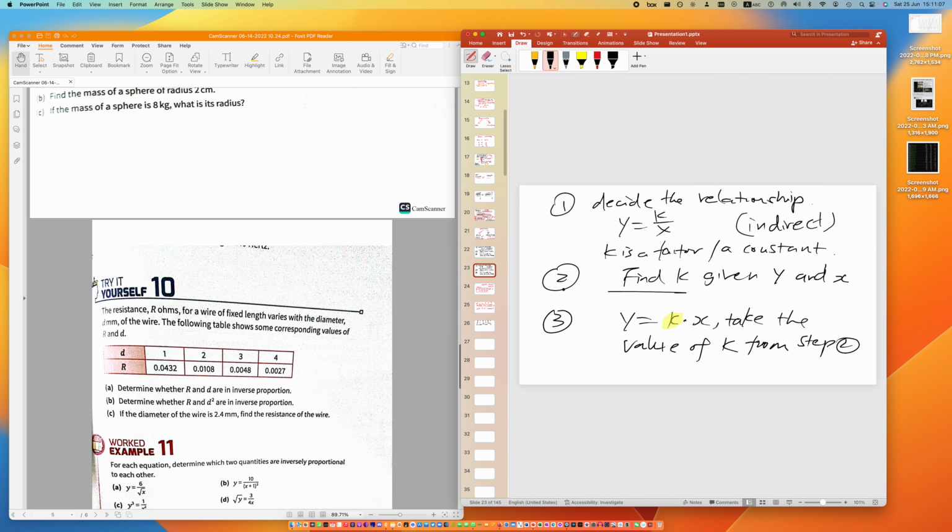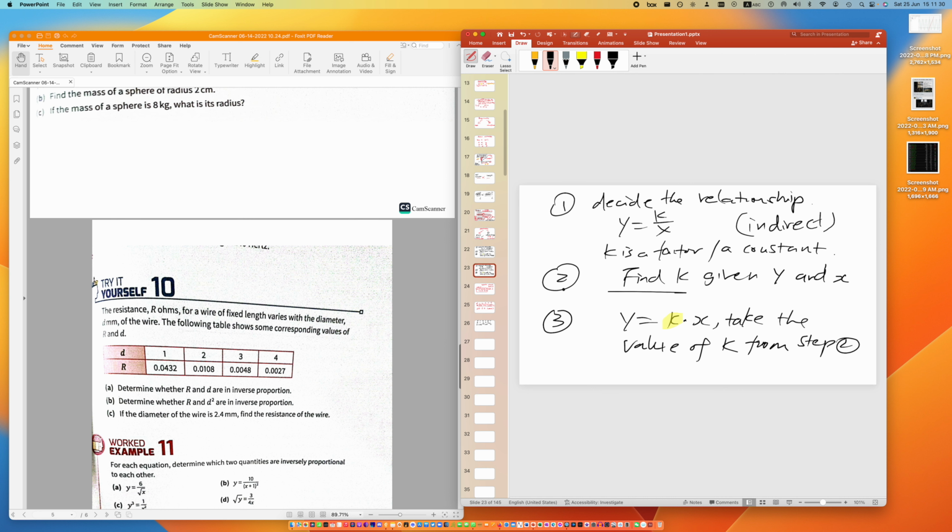So what's your k? If it's a decimal number, then you can express it as a fraction. Okay, fraction.